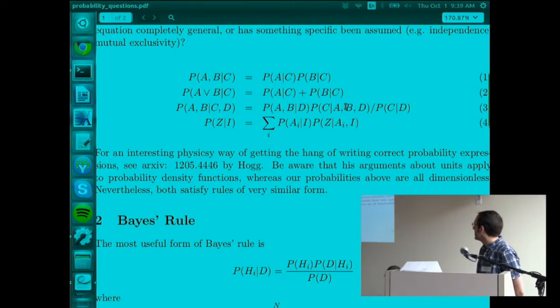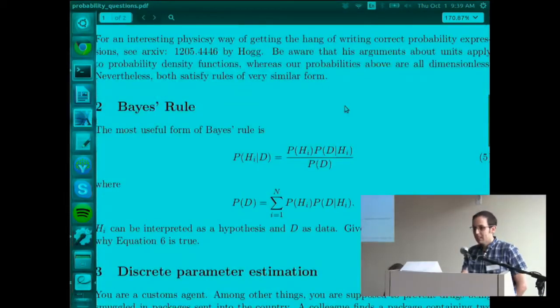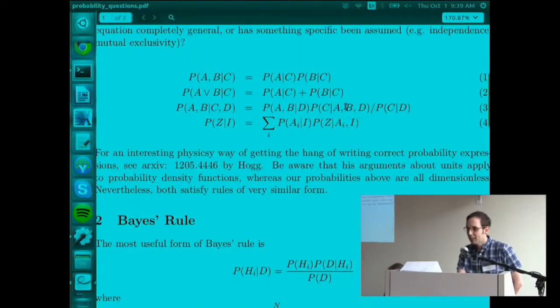Likelihood is that term in Bayes' rule, basically. By definition, the likelihood is the label for that term. I think of it as a label for the probability for C.